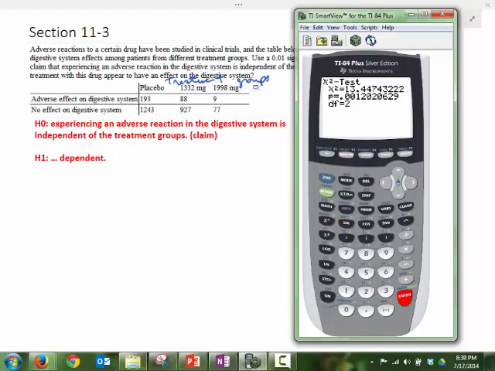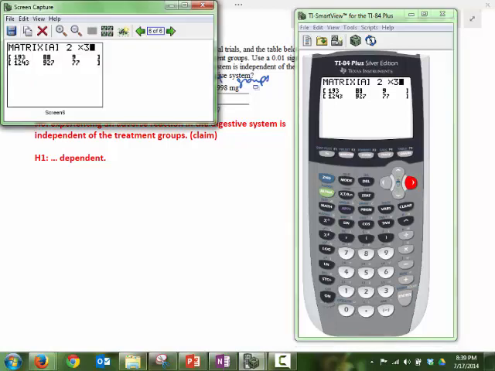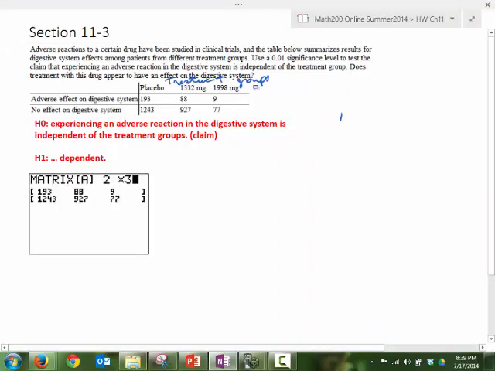So let's go through the steps again so I can copy and paste it into our notes. The first thing we did was to go to matrix. And we edited our matrix A. Matrix A, edit.